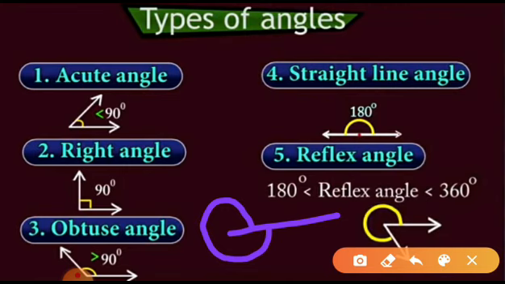Also you have the zero angle, where the measure is equal to 0 degrees. Your complete angle of 360 and 0 degrees are the same line itself, only a straight line.